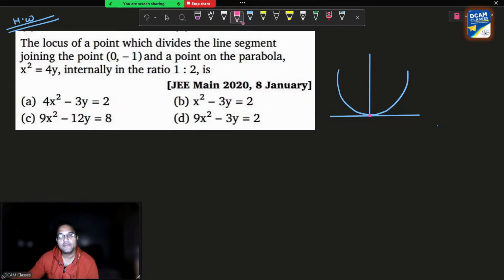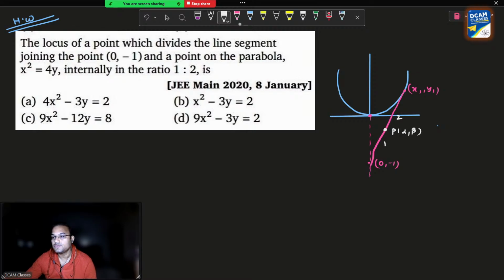Locus of a point which divides a line segment joining the point (0, -1). The point is here, it will be here, (0, -1), and a point on the parabola internally. Let's say this may be a point (x1, y1), internally in the ratio 1:2. So we have to find out the locus of a point P, let's say (alpha, beta), which divides it in the ratio 1:2.